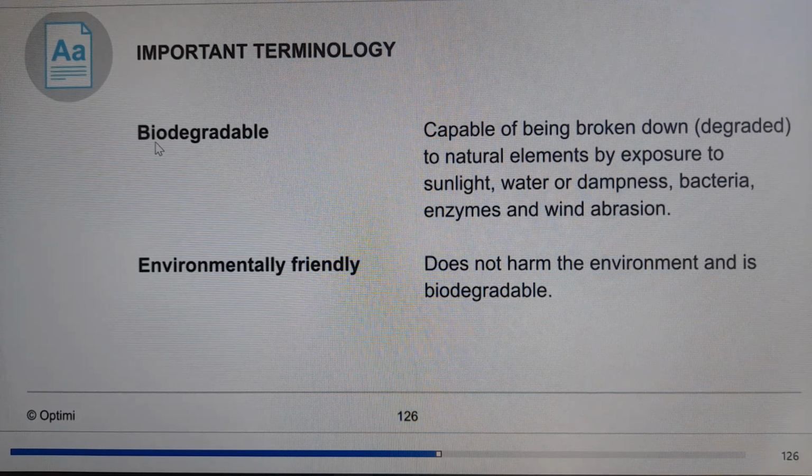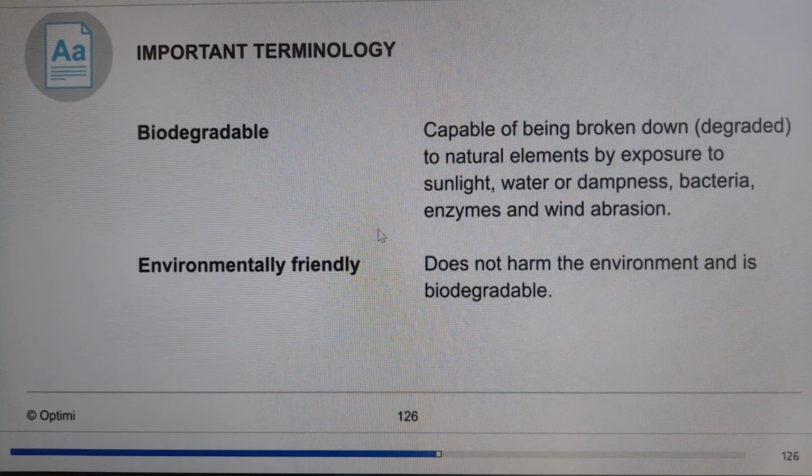If you are asked to define biodegradable, please don't write me stories that you think it is. This is the definition. Biodegradable material is material that is capable of being broken down to natural elements by exposure to sunlight, water or dampness, bacteria, enzymes, and wind abrasion.